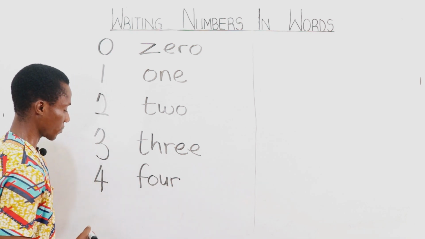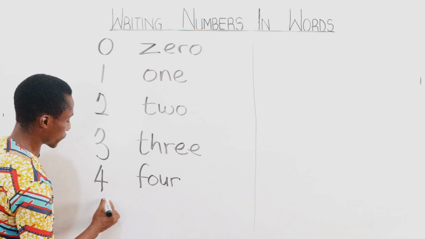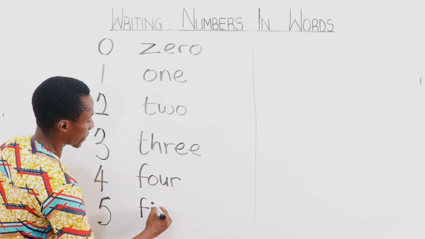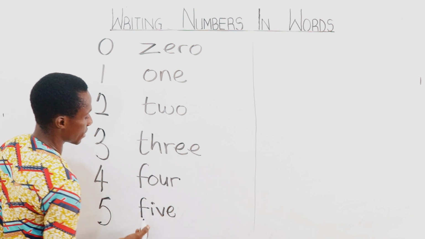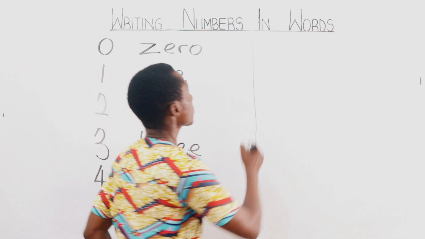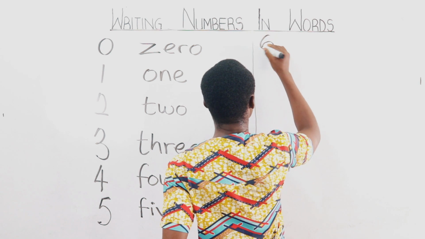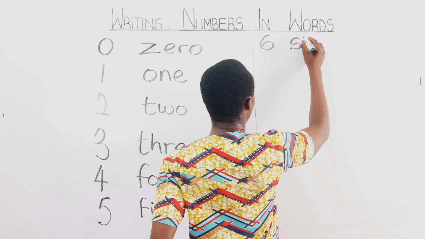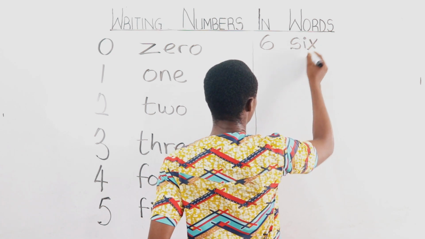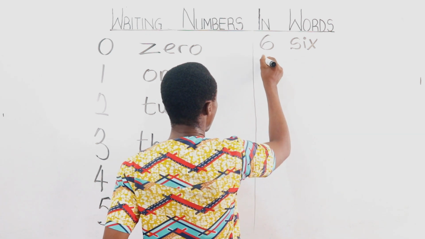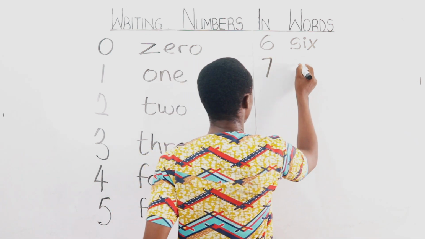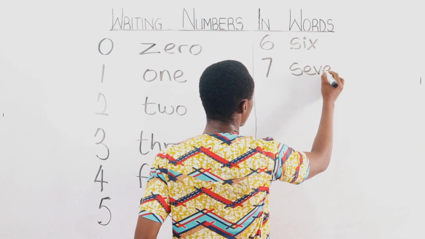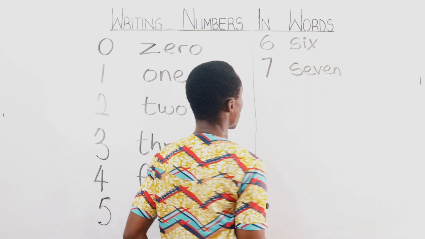F-O-U-R, 4. The next is 5, and 5 is F-I-V-E, 5. The next is 6, and 6 is S-I-X, 6. The next is 7, 7 is S-E-V-E-N, 7.